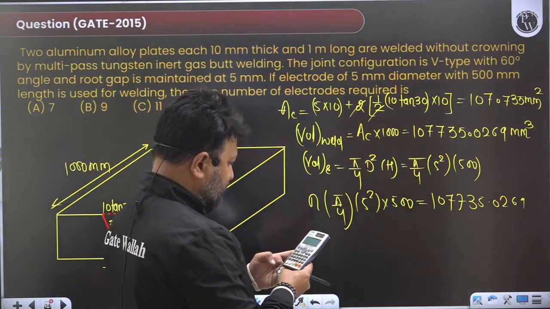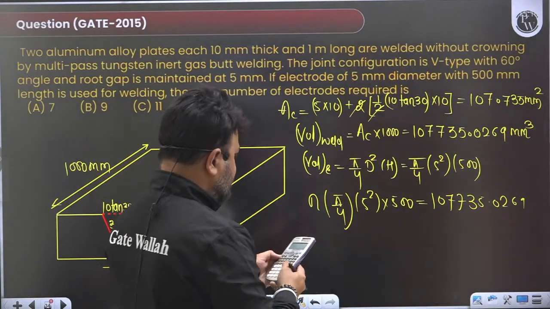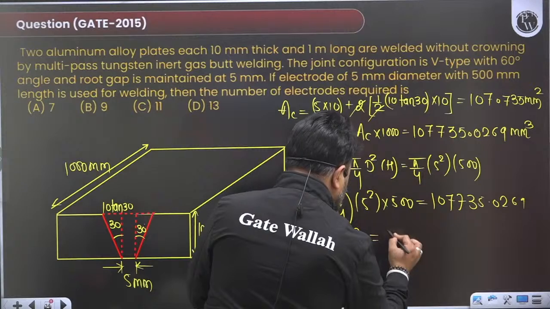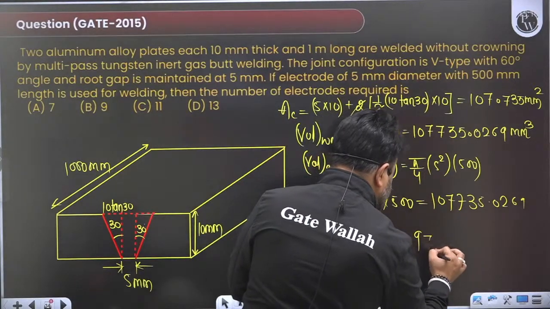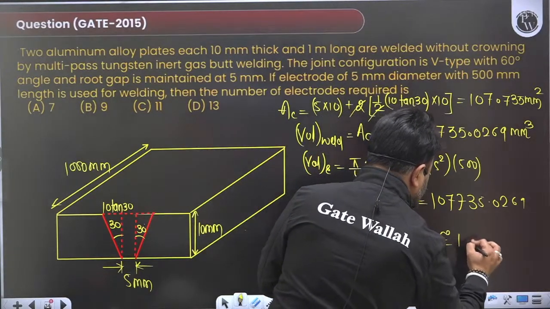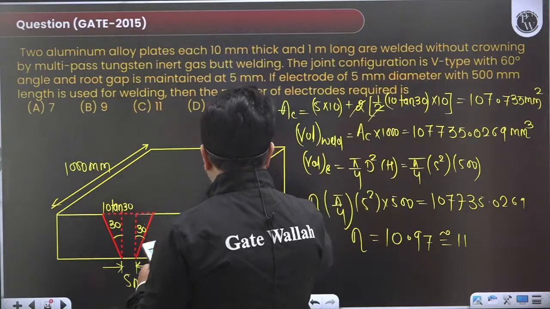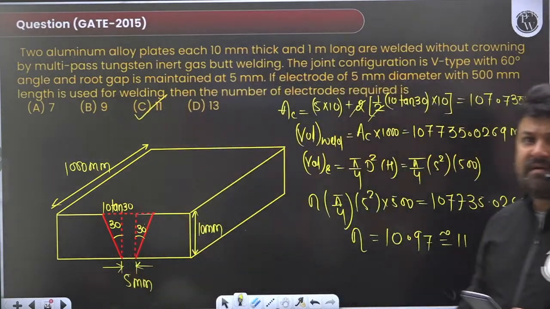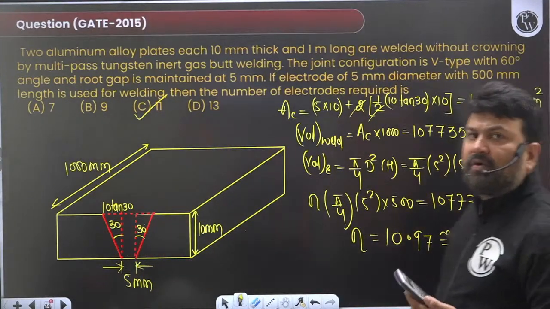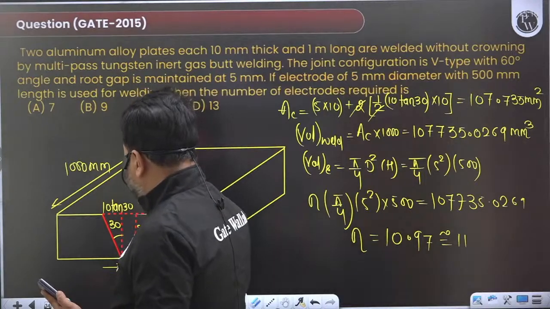So the number of electrodes is 10.97, approximated to 11 electrodes. So option C is the right answer.